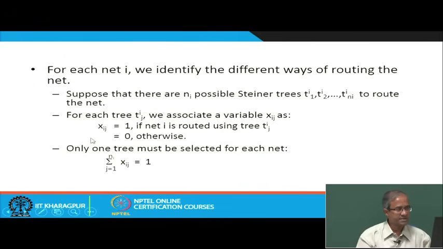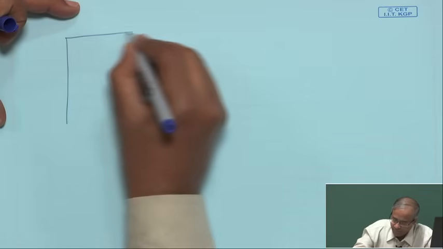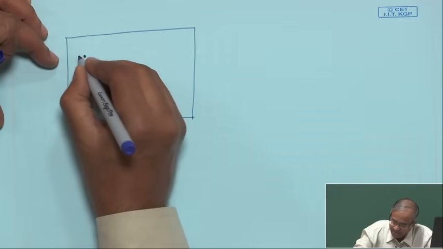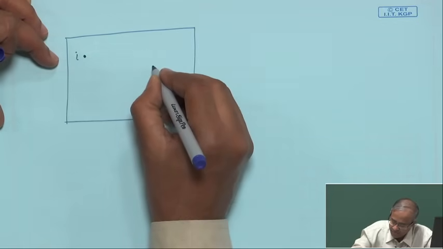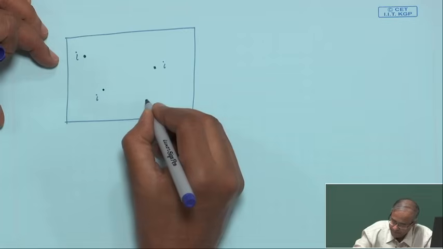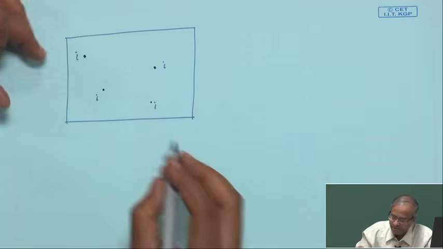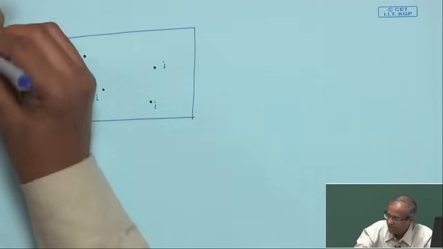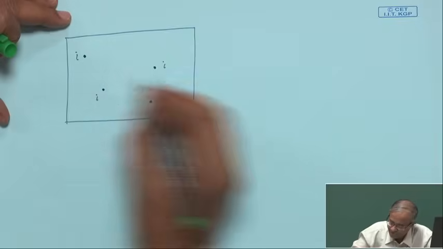It is in fact quite straightforward. We do it in this way. Suppose I have a net i, let us take an example. Suppose in a problem instance I have a net i where there are several points. Now we look at several different ways of connecting them. I am just showing several alternatives.